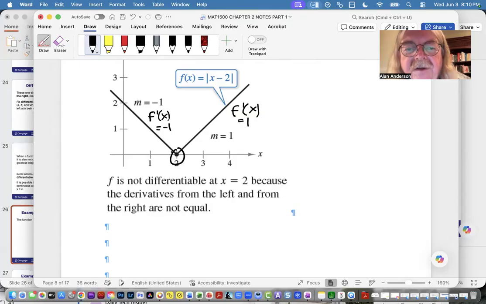So in other words, they're different. And as they approach this point, you can see there's a sharp break in the curve. It's not a gap, but it's not smooth and continuous like something like this would be.